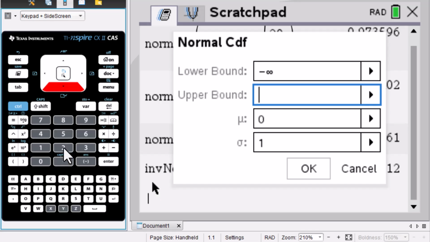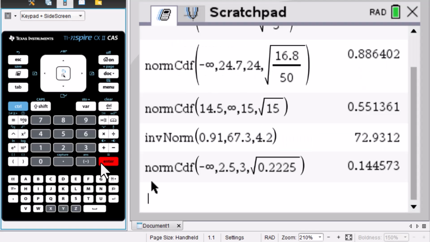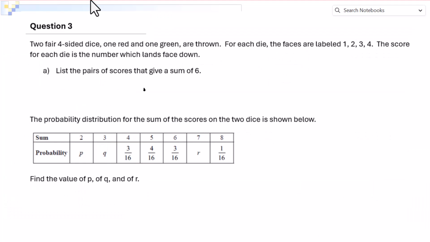Upper bound is 2.5. Mean is 3. Standard deviation is the square root of 0.2225. Enter. Answer is 0.145.